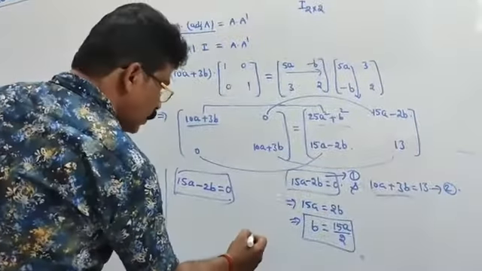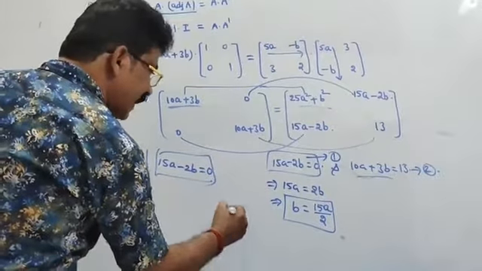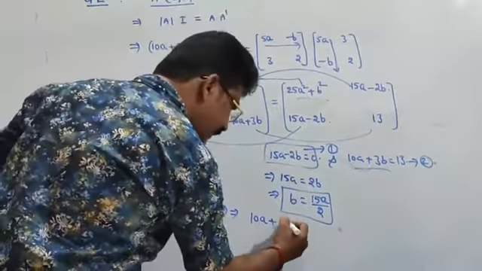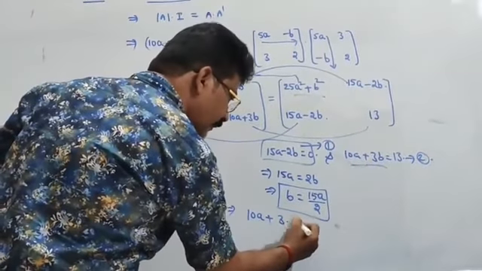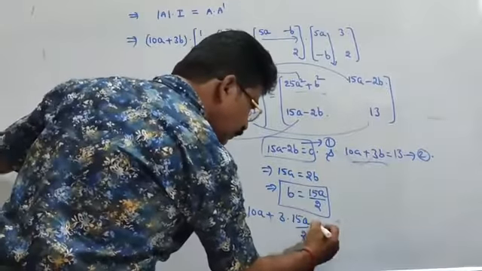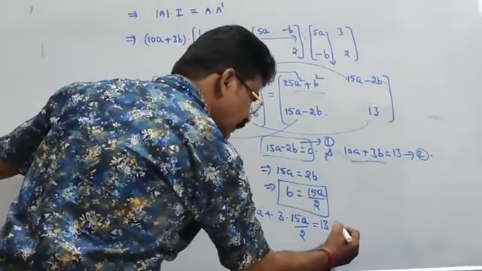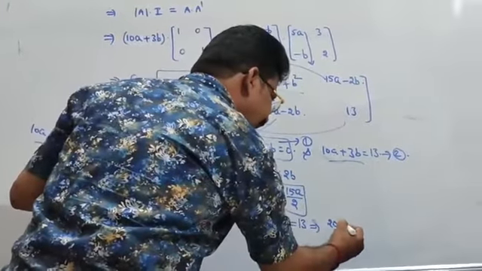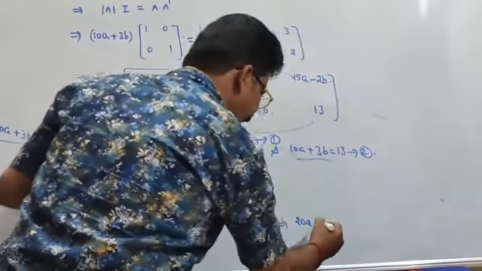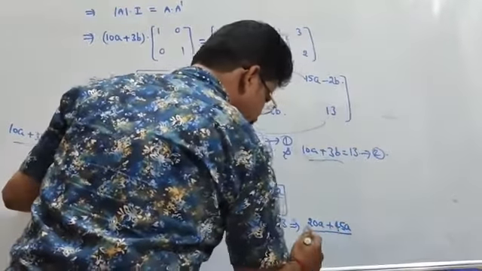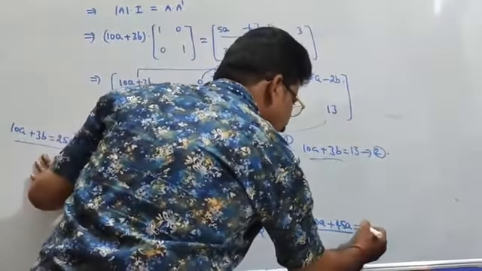The second equation says 10A plus 3 into B value 15A by 2 is equal to 13. So that implies 20A plus 45A, whole divided by 2, is equal to 26.